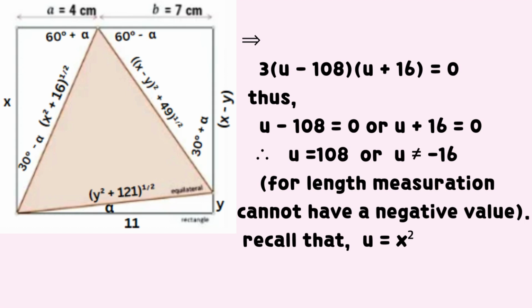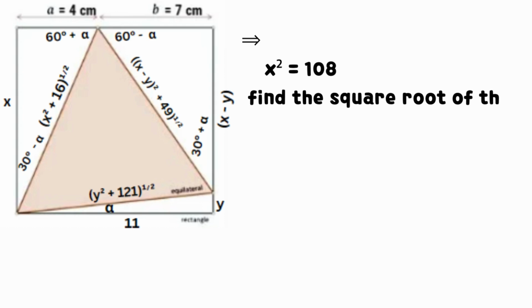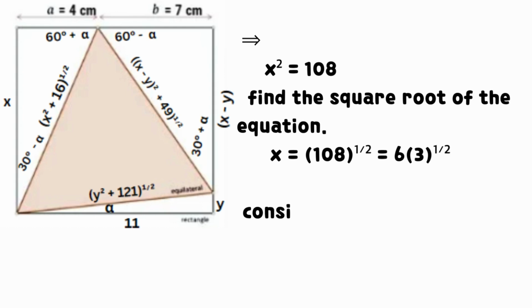Therefore, u equals 108 or u equals negative 16. But u cannot be negative 16, because a length measurement cannot have a negative value. Recall that u equals the square of x. It implies that the square of x equals 108.